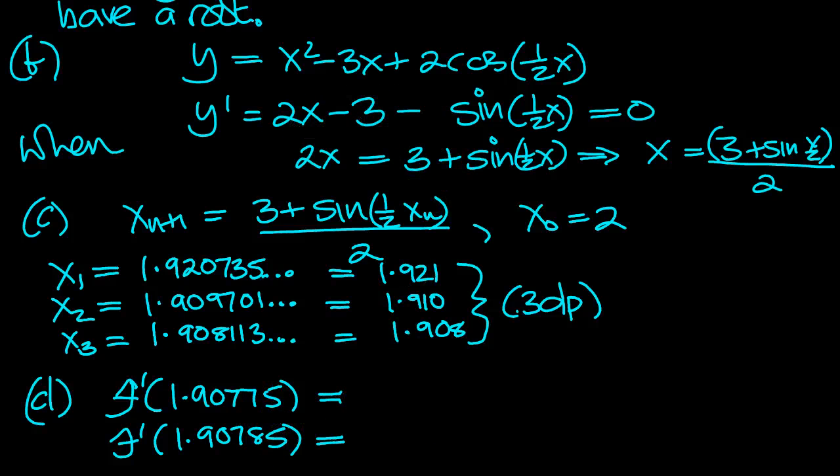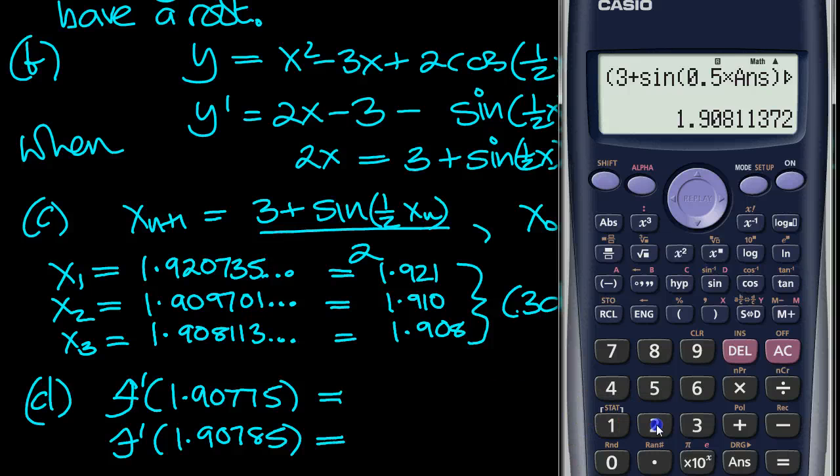Okay, so let's put it in our calculator. We've got 2 times 1.90775 minus 3 minus sine of 0.5 times 1.90775. Close that bracket.